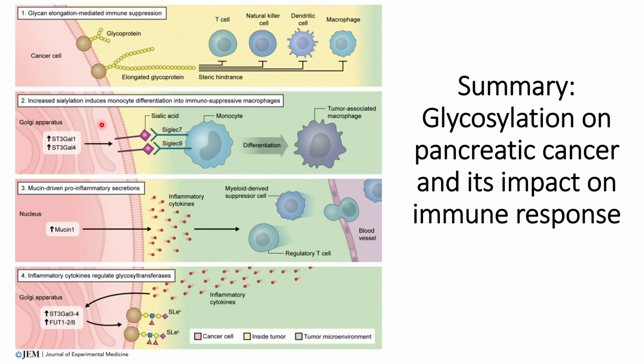The next aspect of this dysregulation of glycans within pancreatic cancer is increased sialylation, which causes monocyte differentiation into immunosuppressive macrophages.